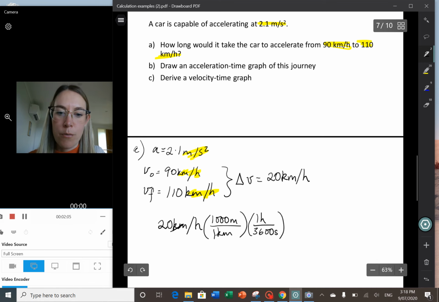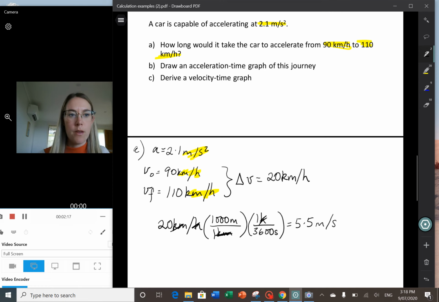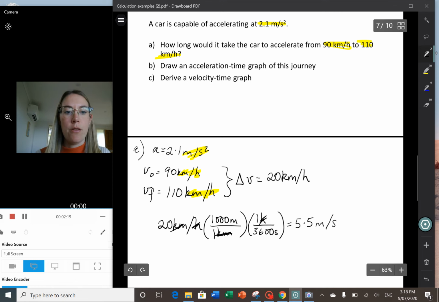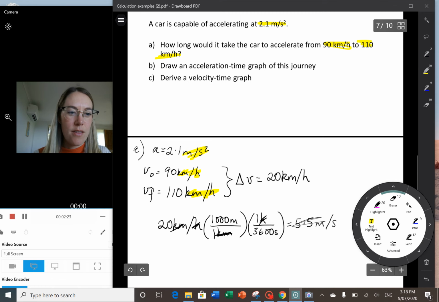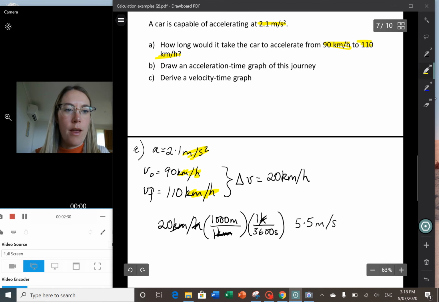So this kilometre and this kilometre cancels out, this hour and this hour cancels out, and we end up with 5.5 meters per second. That's the velocity value that we're going to use in our formula.